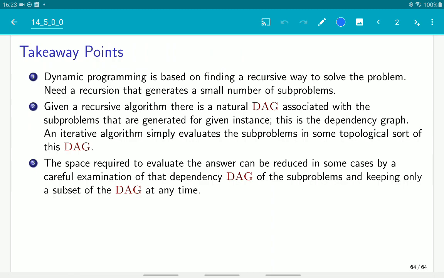Or if we are speaking about the longest common subsequence, in fact, it boiled down to computing the longest path in this DAG. And as such, there would be a lot of problems where you would like to think about it as recursive functions, then think about this as a dependency graph, and then solve the graph problem defined over the dependency graph.